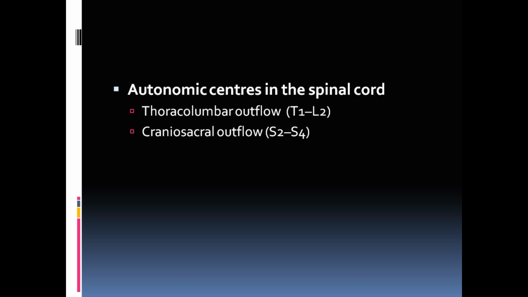Whereas the parasympathetic system is called the craniosacral outflow. It arises from the cranium, as we have already studied: cranial nerves 3, 7, 9 and 10 are the cranial outflow of the parasympathetic system, and S2, S3 and S4 are the sacral outflow. What does this outflow mean? It means the neurons are arising from these segments of the spinal cord.